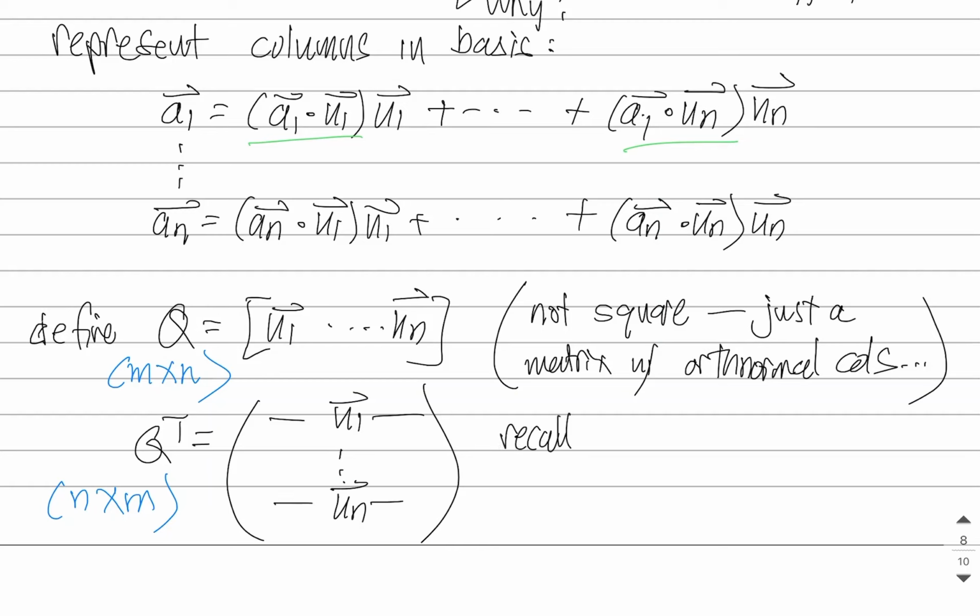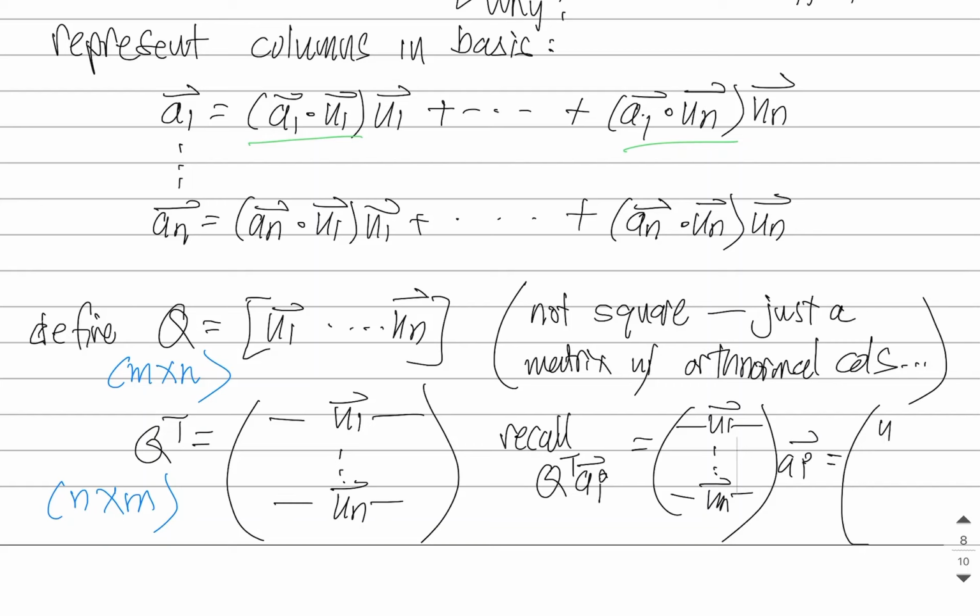Remember that if I were to take the matrix transpose and multiply it by any one of those columns, ai, it would be u1 all the way down to un as row vectors, and we get a column of dot products: u1 dotted with ai, u2 dotted with ai, all the way down to un dotted with ai.